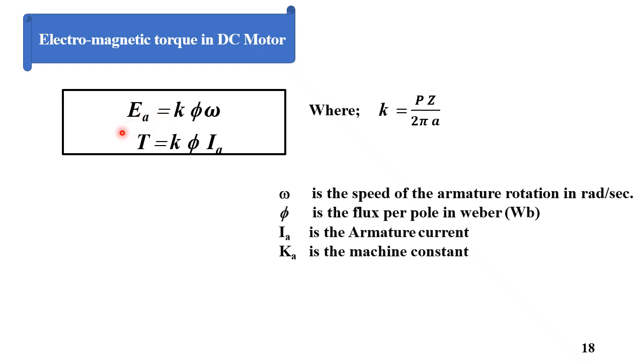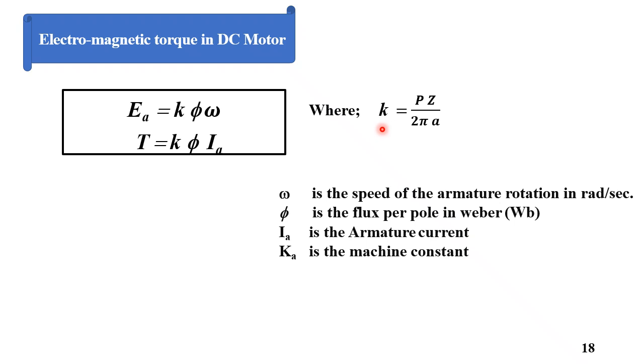The back-induced EMF equation, as we have seen in the generator, equals the motor constant K times the flux in Weber times the rotational speed in radians per second. And the induced torque or the developed torque equals the same constant K times the flux of the machine multiplied by the armature current, which is IA.